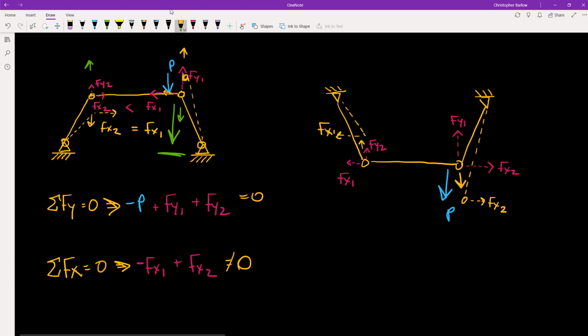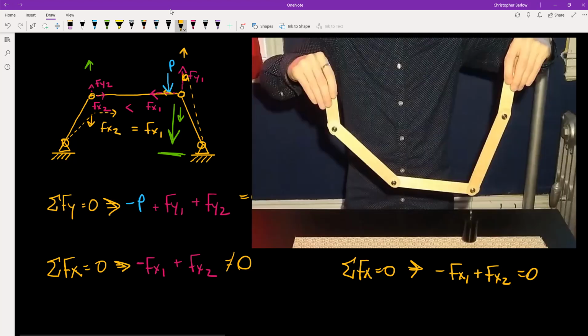And eventually, we will get minus Fx1 plus Fx2 equals 0. We will achieve static equilibrium. And we achieved that with the joint moving down. And so our weight also moved down.